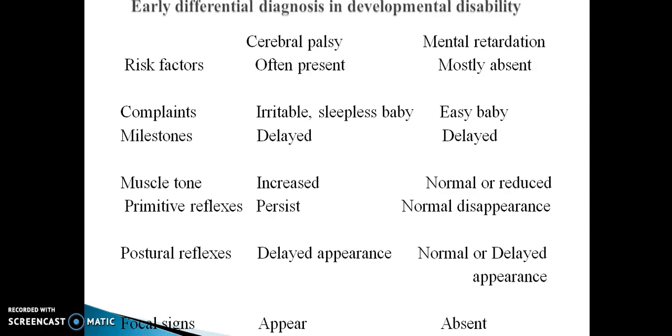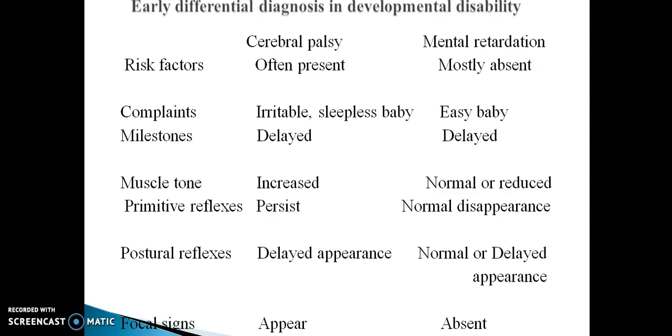But for mentally retarded children, the primitive reflexes, or what we call the neonatal reflexes, are going to disappear normally. The postural reflexes, which are very essential for learning milestones as well as gross motor movements, are highly delayed in cerebral palsy children, but in the case of mentally retarded children it is usually normal, and sometimes they may also have delayed appearance.